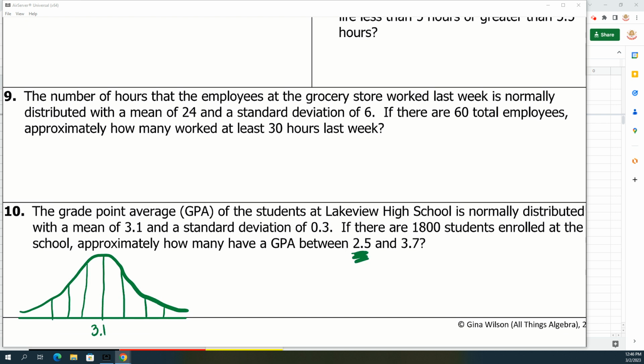The 2 numbers I'm looking for are 2.5 and 3.7. My standard deviation is 0.3, so I'm going to add 0.3 until I get to 3.7 and stop, and then subtract 0.3 until I get to 2.5 and stop.